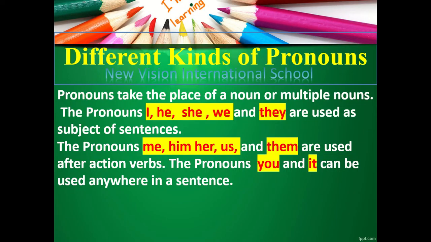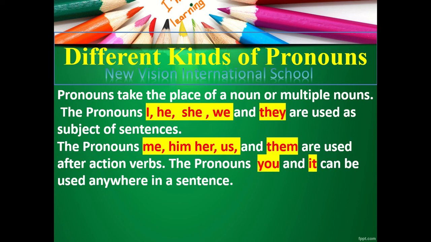Now, let us summarize the lesson. Again, these pronouns take the place of a noun or multiple nouns. They are professionals. They can easily replace a noun in a sentence. Again, the pronouns I, he, she, we, and they are used as the subject of a sentence.